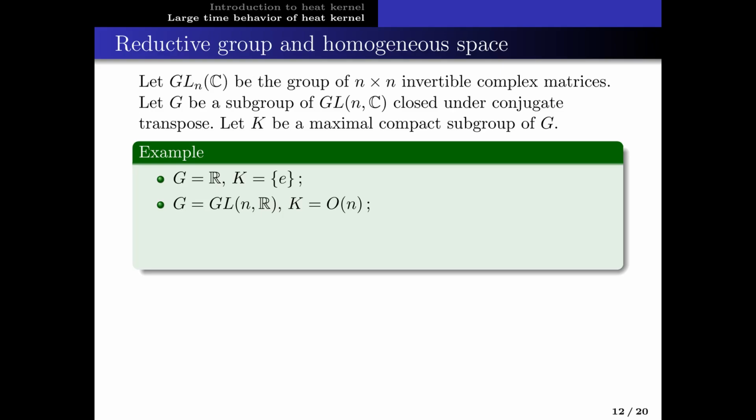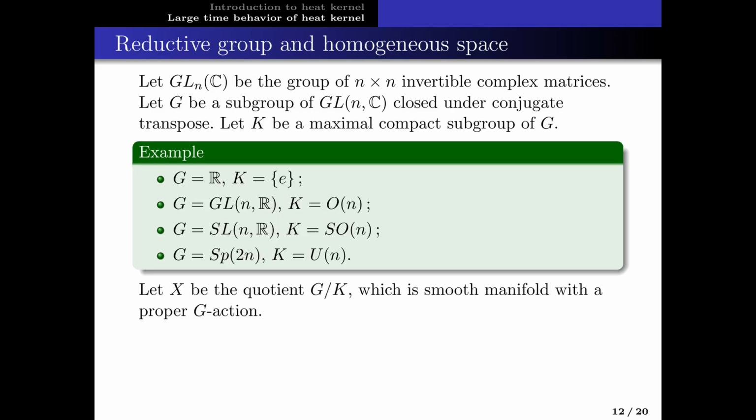That's a possible pair of G and K you can consider. And the other one is the one we just saw, the special linear group, the matrices with determinant 1, and the special orthogonal group. But then we can also have symplectic versions or other generalizations. So all of this fits into this kind of framework.